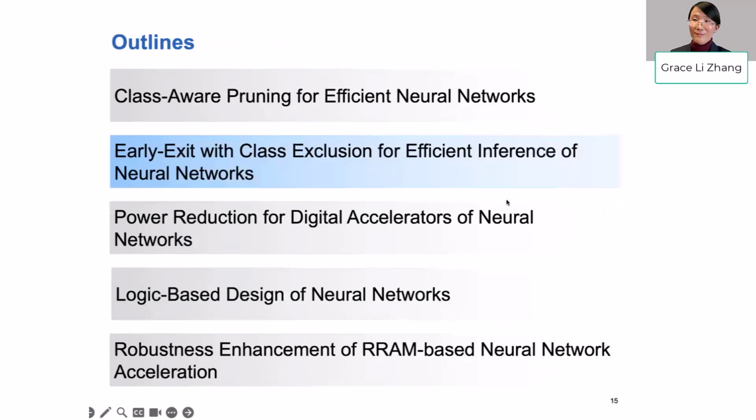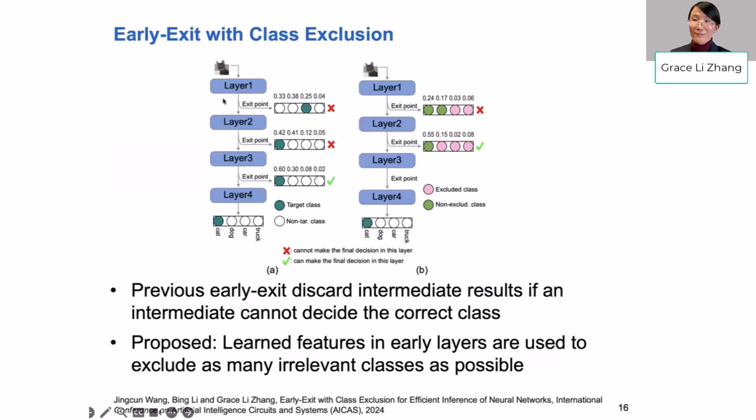Let's look at the second technique, about early exit with class-exclusion for efficient inference of neural networks. In the traditional early exit, some images are easy to classify, so they don't need to go through to the end of the layers, and they can be classified in an intermediate layer.